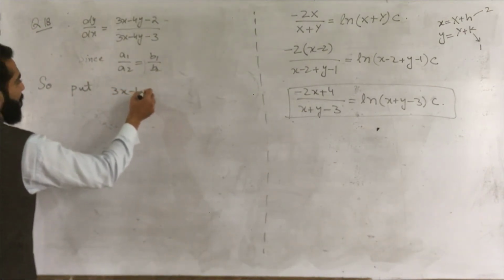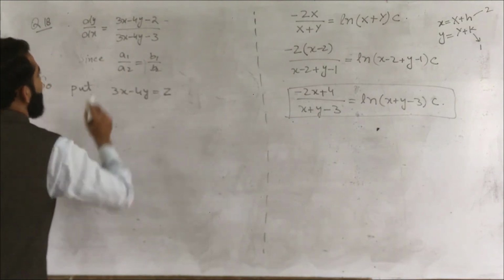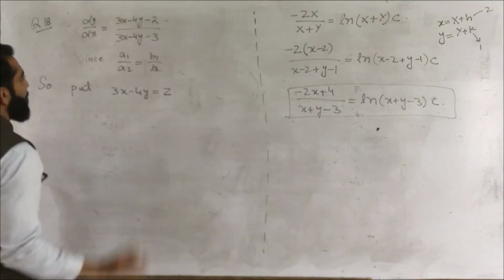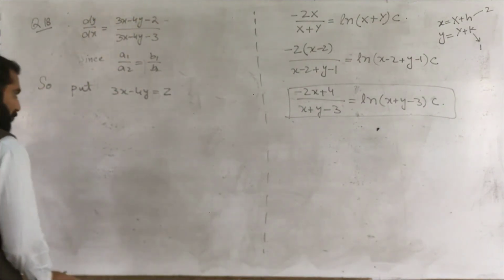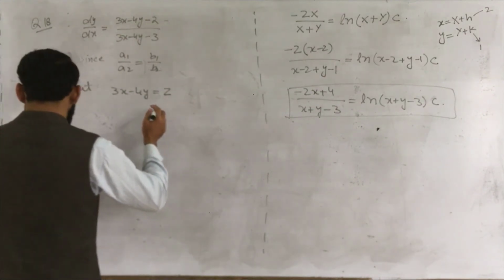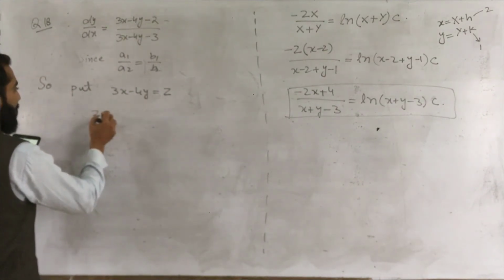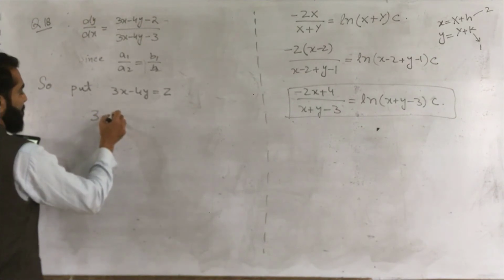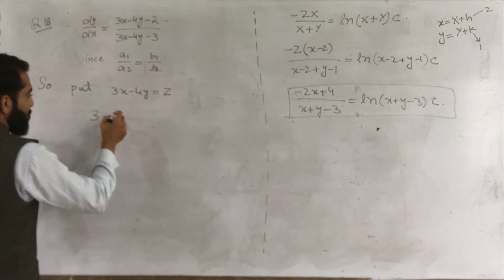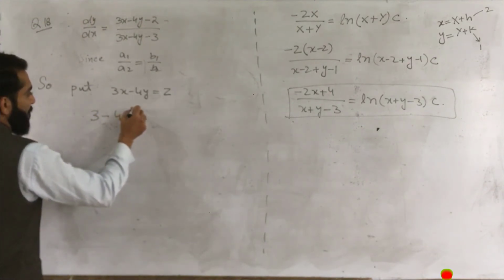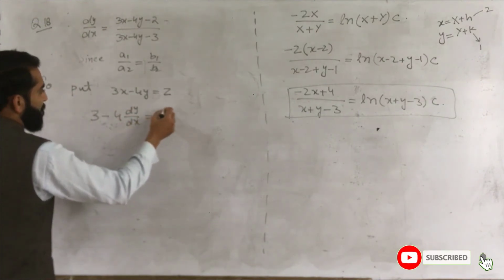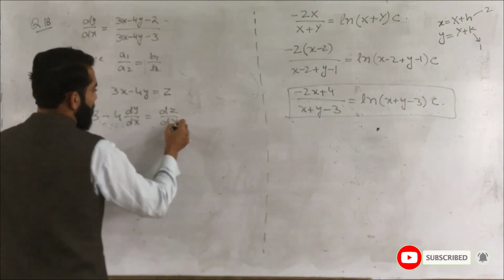So put 3x minus 4y equal to z, since the numerator and denominator have the same expression. Differentiating with respect to x, we get 3 minus 4 dy over dx is equal to dz over dx.